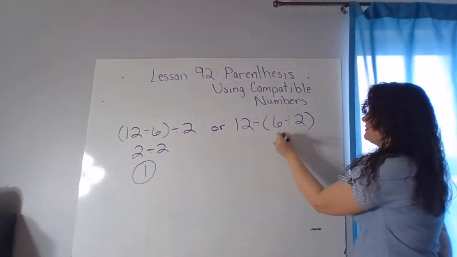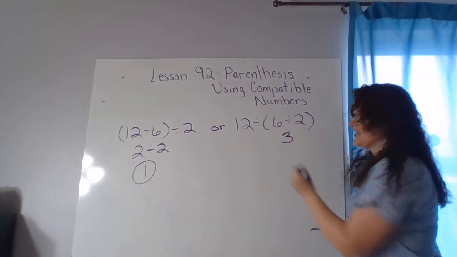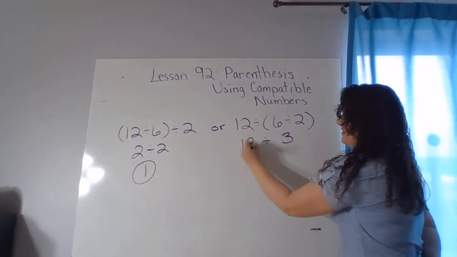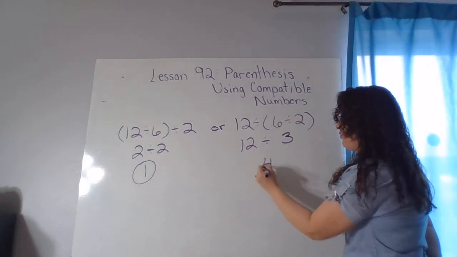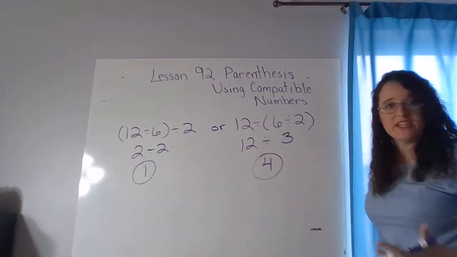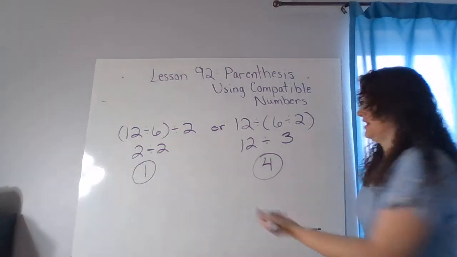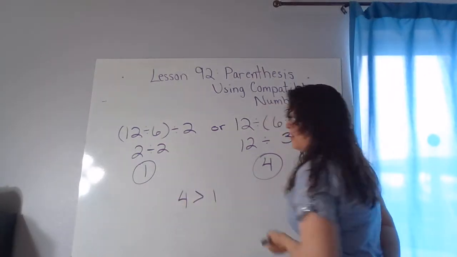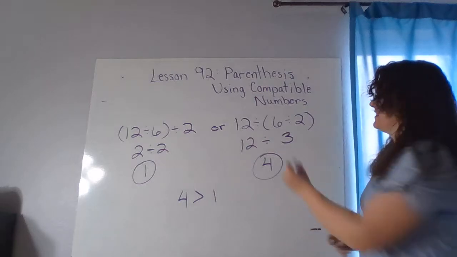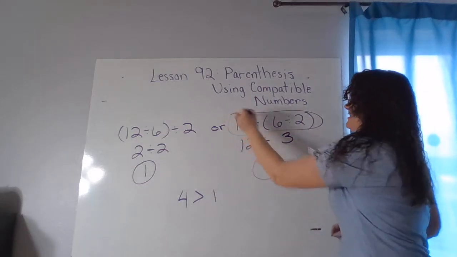So 6 divided by 2 gives me 3. Then we'll do 12 divided by 3, which gives me 4. So the question says, which is greater? Well, 4 is greater than 1. So this one, this is our greater.